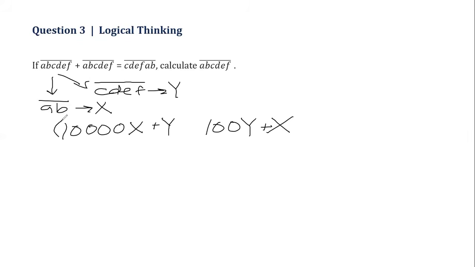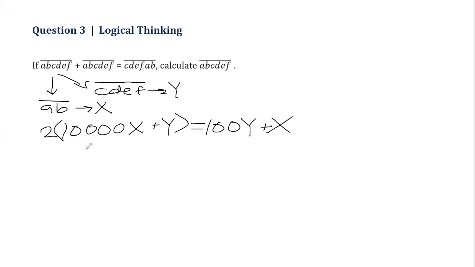So we multiply this by 2 and put the equation. This is now our new equation, which we just derive from the original equation.